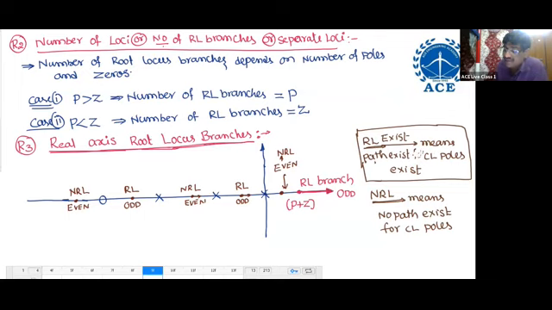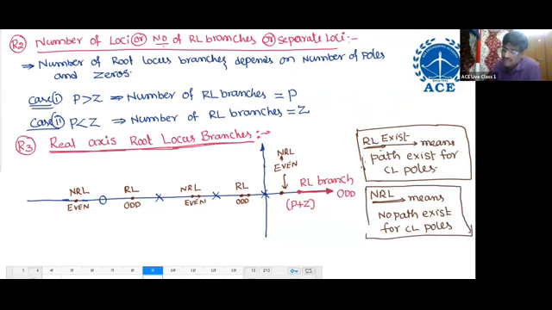One minute. Root locus exists means path exists for closed loop poles. No root locus means no path exists for closed loop poles also.